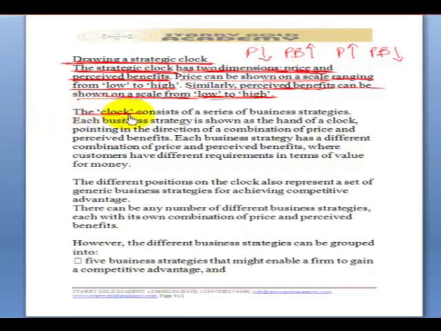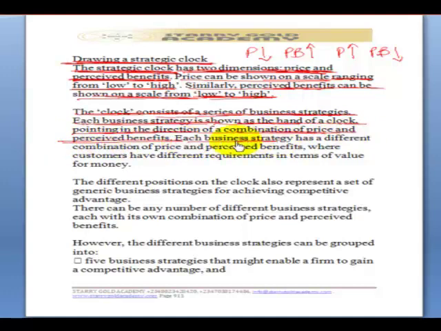The clock in this case basically consists of a series of business strategies, and each of these business strategies is shown as the hand of a clock which is pointing in the direction of a combination of price and other perceived benefits.